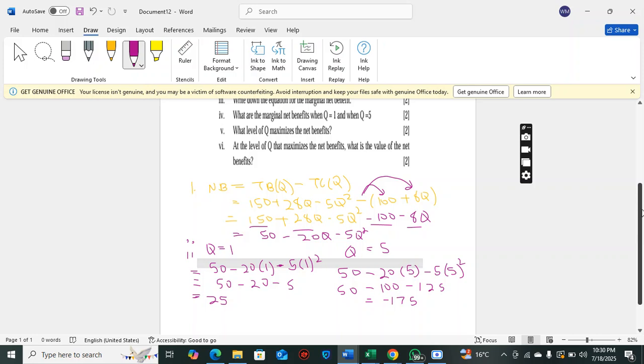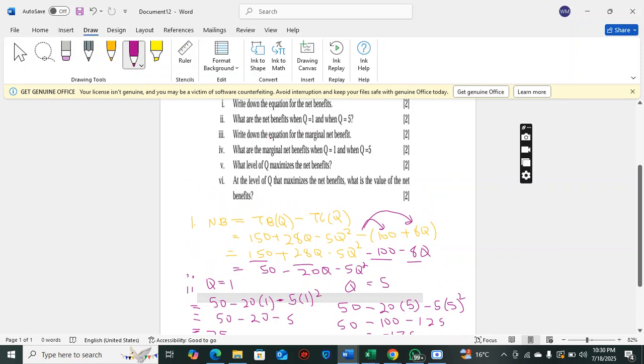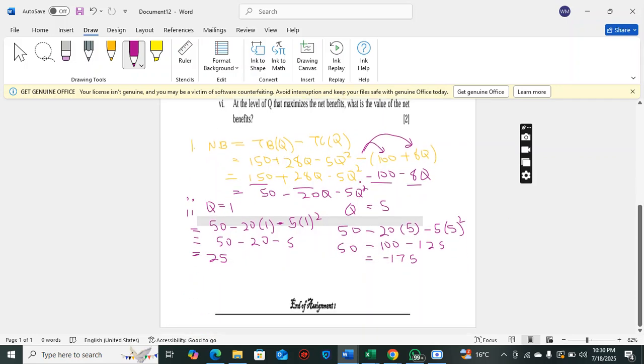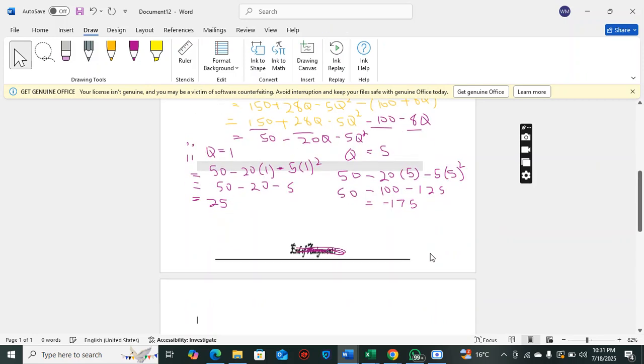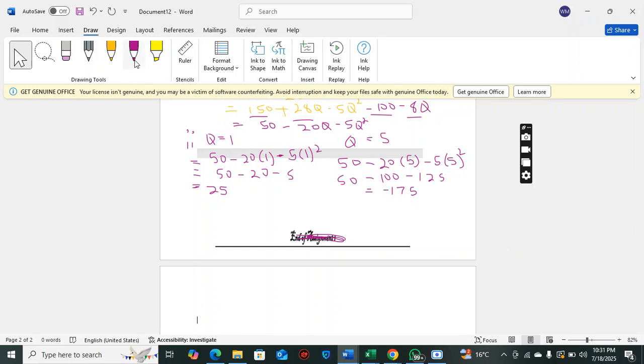Okay, number 3: write down the equation for the marginal net benefit. There are two ways of doing that. There are two ways you can get it.